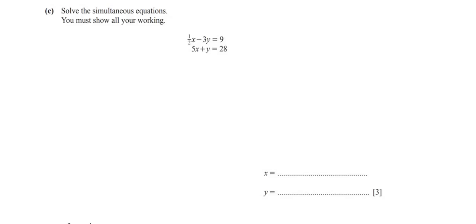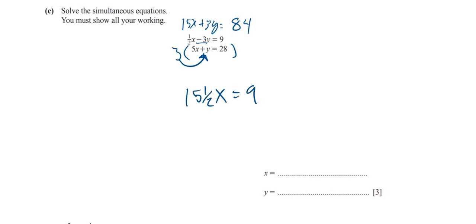Simultaneous equation here. What I did is I multiplied the bottom by 3 in order to give me 15x plus 3y. It's this 3y that I want to cancel out with this negative 3y equals 84. And then when I add the two equations, this is elimination, I get 15.5x equals 93.